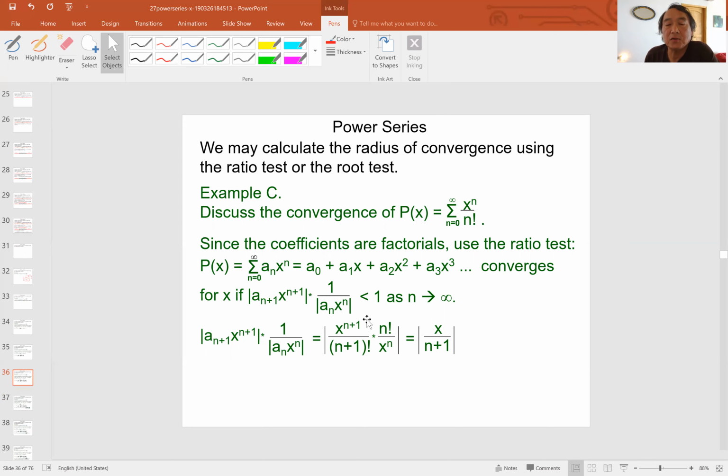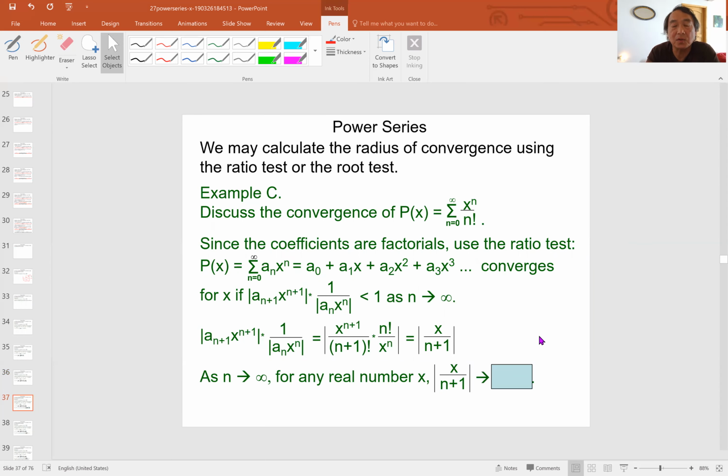Now, what are the implications of this? Remember, we want to investigate the limit as n goes to infinity, and we want this limit to be less than 1. You say, what's the x doing there? Well, x is a fixed number. In other words, choose an x, fix an x, and let n go to infinity. Well, the limit is 0. For any real number x you choose, you use this test and you find the limit is 0, which is less than 1.